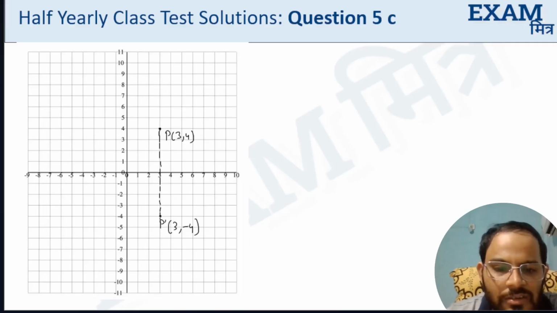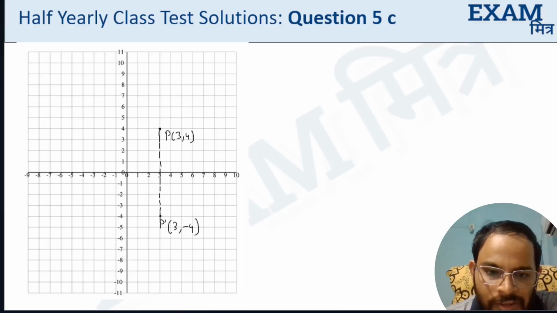The distance of the point O, that is origin, from this line is 3 units. The distance of its image will also be 3 units from the line PP dash. That means the image will be here, because 1, 2, and 3.